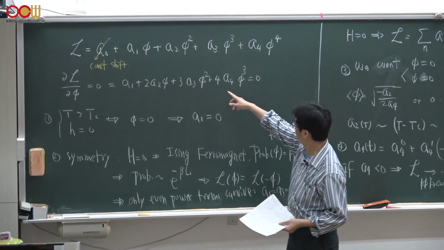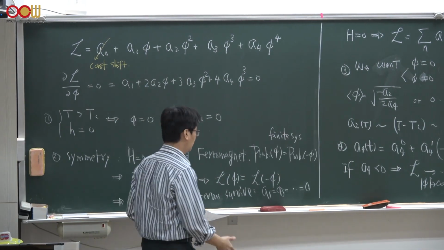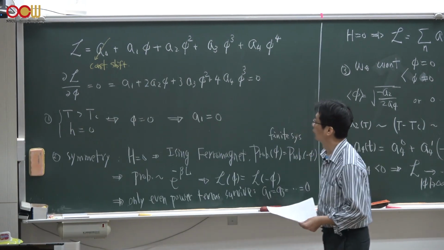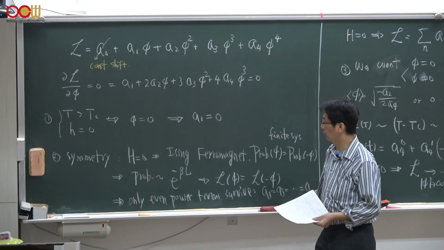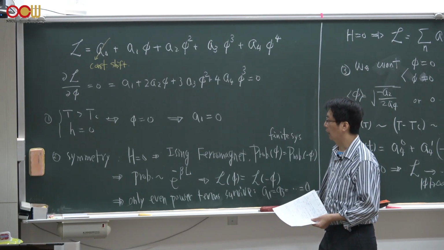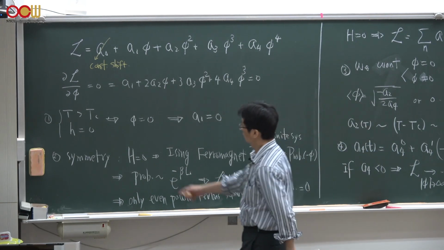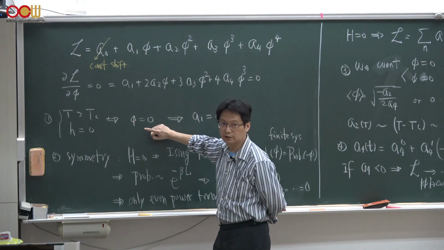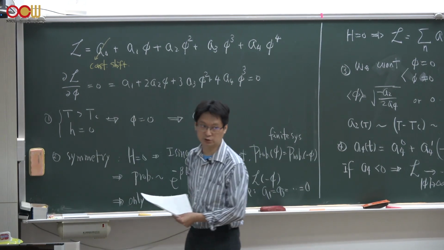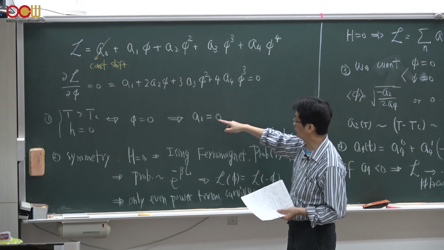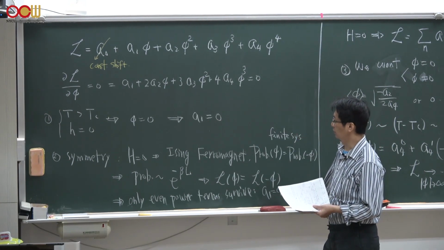And if I do so, I get this equation here, which should be 0, but we have many constraints that need to be satisfied in order to determine whether those coefficients are finite or 0 or positive or negative. The first criterion is that we need to have this result that phi is 0 when temperature is above Tc and in the limit of 0 field. We need to satisfy this, and we immediately get that A1 should be 0.